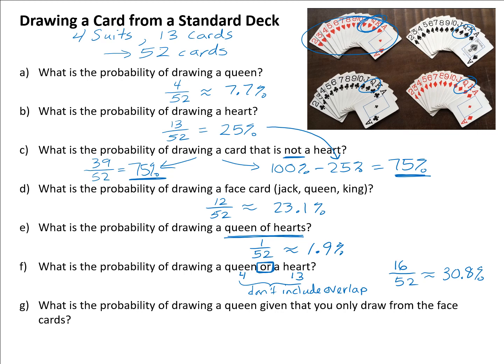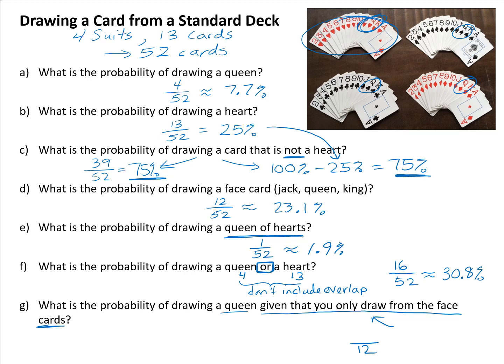Last question. What is the probability of drawing a queen given that you only draw from the face cards? So remember when we talked about perspective, when we talked about empirical probabilities, here we're changing our perspective. All of the other questions here asked about the entire deck, or it was implied that we were looking at the entire deck. Here we're only looking at the face cards, which means we're only looking at 12 of the cards.